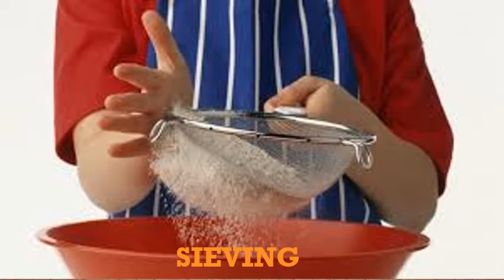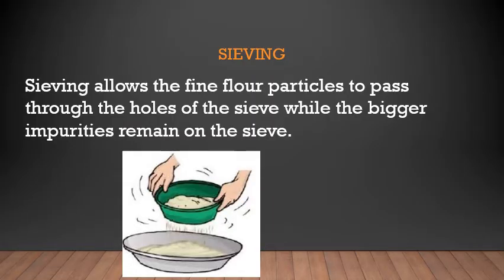I'm starting with page number 38. Sieving. Sometimes we may wish to prepare a dish with flour. Now, we need to remove the impurities that may be present in it. What do we do? We use a sieve and pour the flour into it. Sieving allows the fine flour particles to pass through the holes of the sieve, while the bigger impurities remain in the sieve.